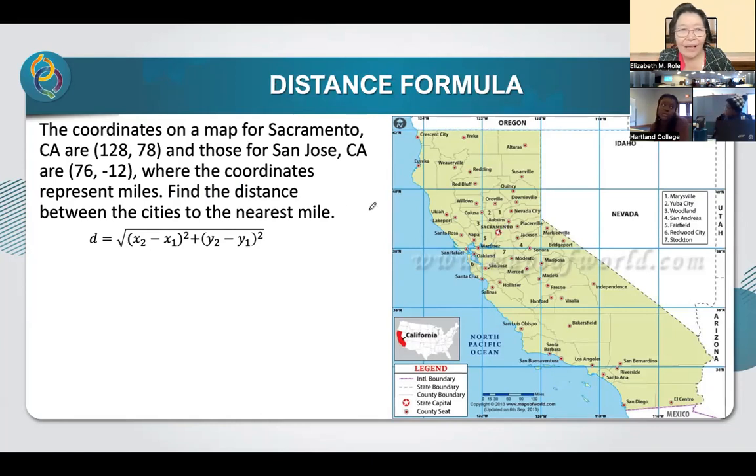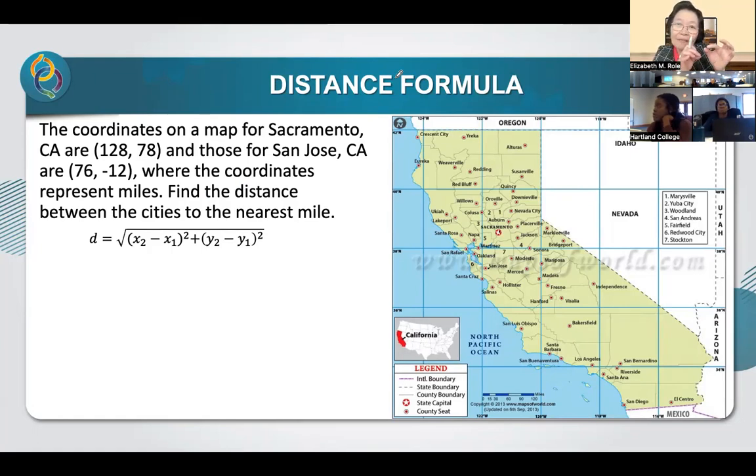The coordinates on a map for Sacramento are 128, 78, and those for San Jose, California, would be 76, minus 12. Those coordinates represent miles.